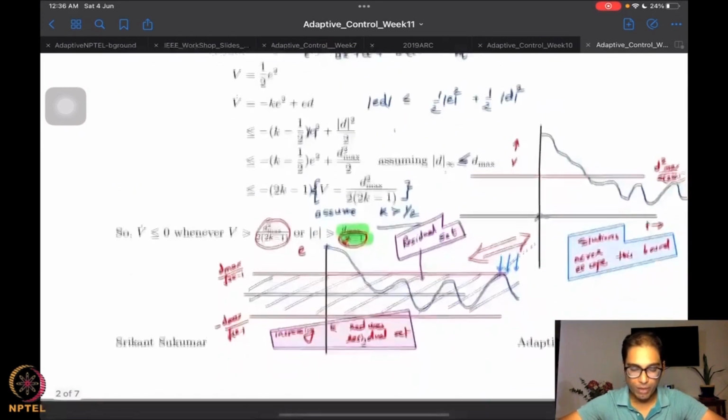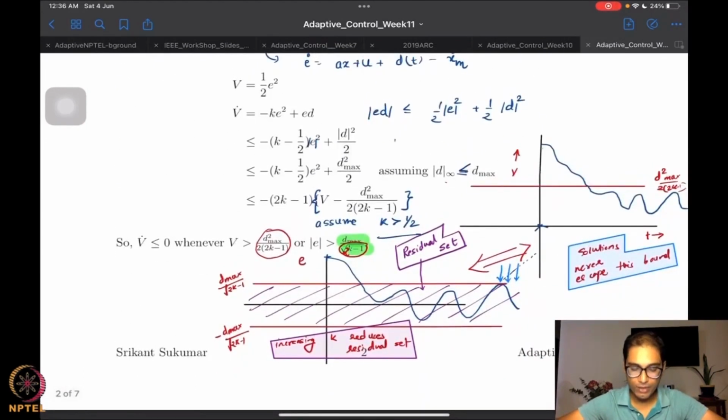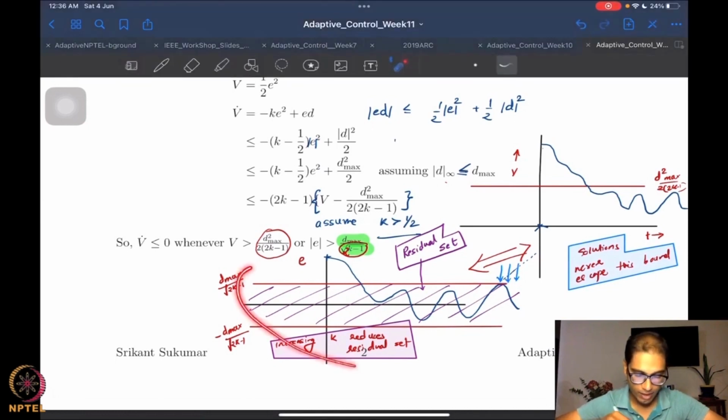So essentially what you will get is a convergence to a residual set. It looks something like this picture here, and we can also reduce the size of this residual set by increasing the control gain, right?